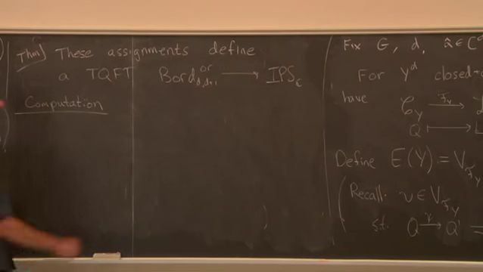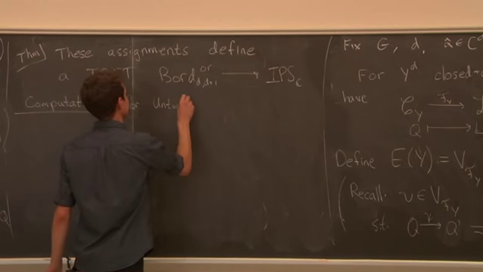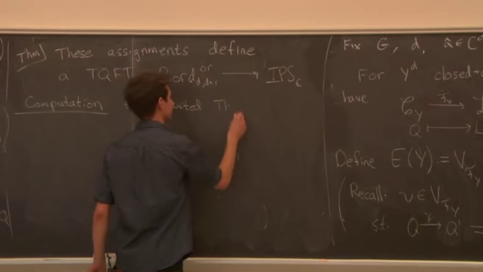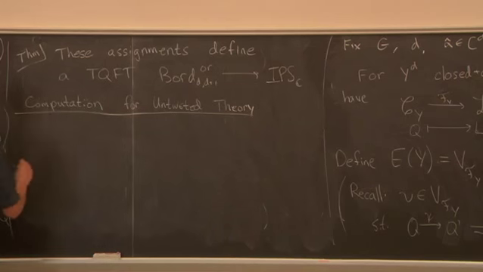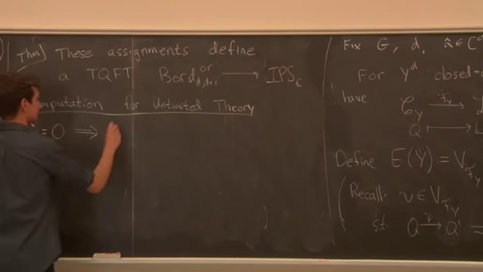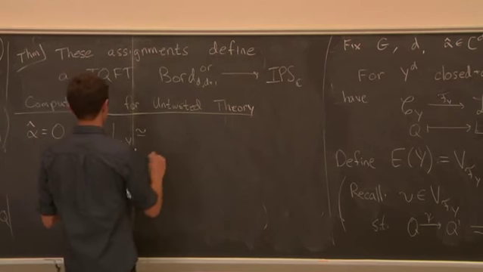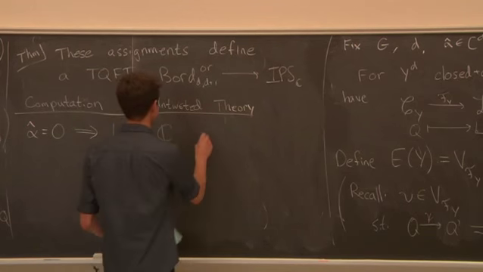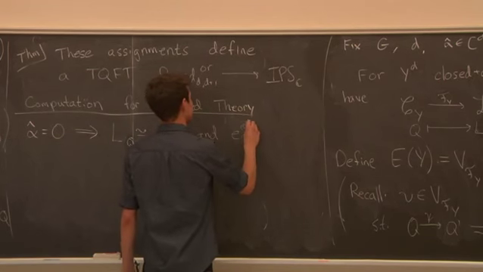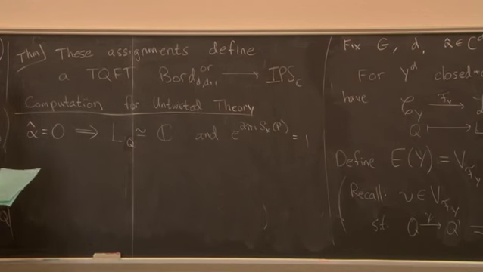So the computation I want to look at is for the untwisted theory, meaning when alpha hat is 0. So when alpha hat is 0, as we said, the lines associated to Q have canonical trivializations, and the action functional just gives us 1 in the classical theory.